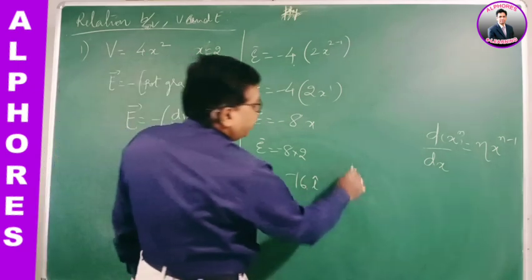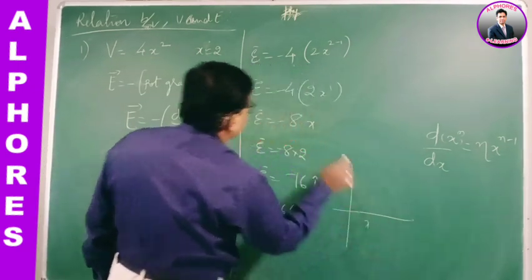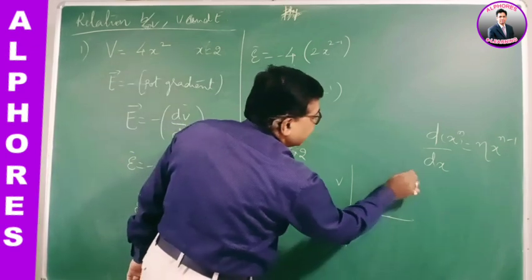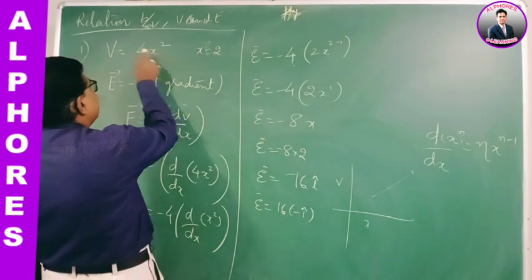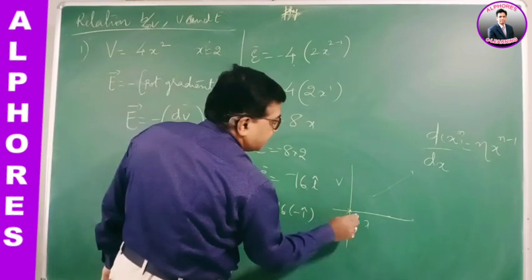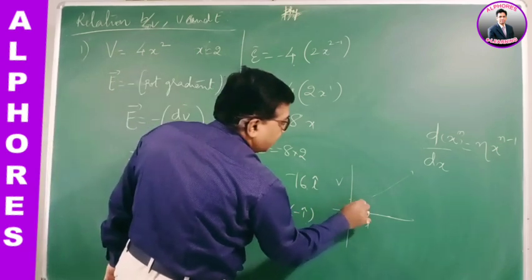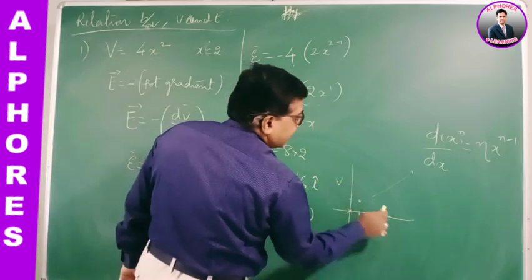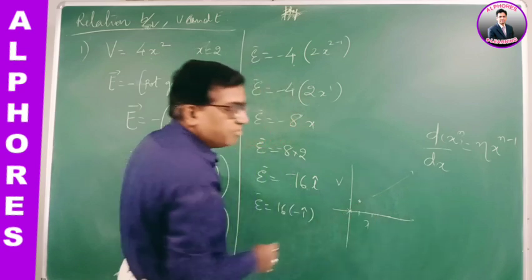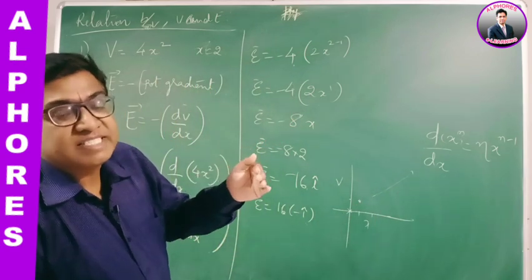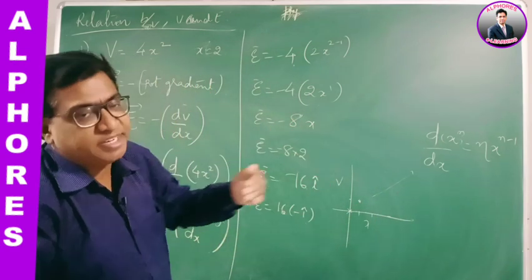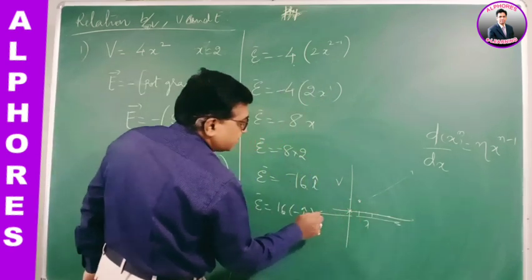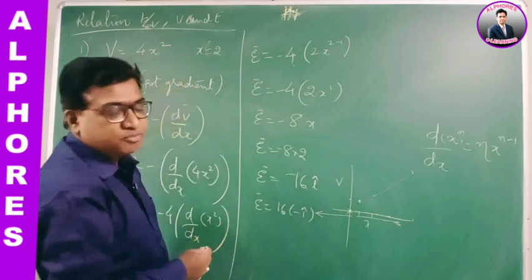So this way you can find out the electric field there. If you consider potential with distance, V is proportional to x square. As x increases, potential is increasing. When x is 0, potential is 0; at x equal to 1, potential is 4; at x equal to 2, potential is 16. But we know potential always decreases in the direction of the field. As x increases, potential increases, and as x becomes negative, potential decreases.